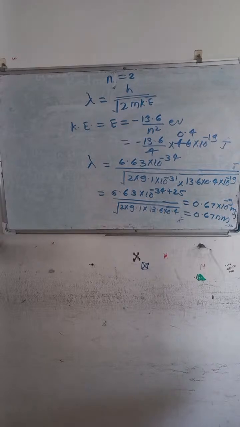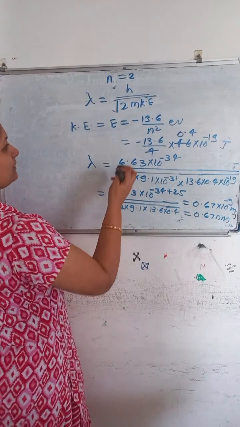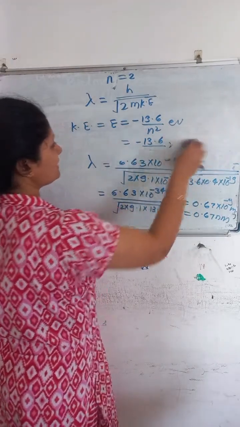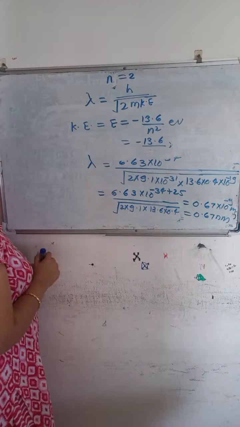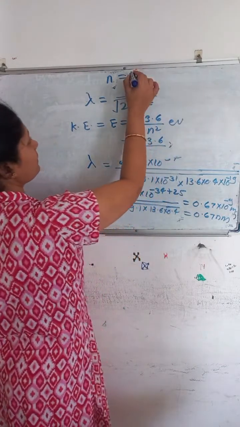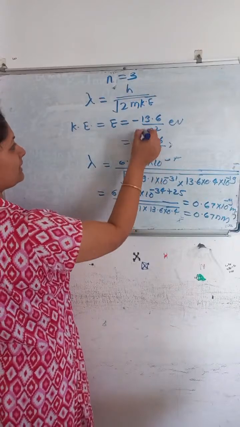Check now. It is a similar kind of question, but here what changes is the second excited state. Yesterday I told you second excited means n is equal to 3. So we get 3 square is 9.